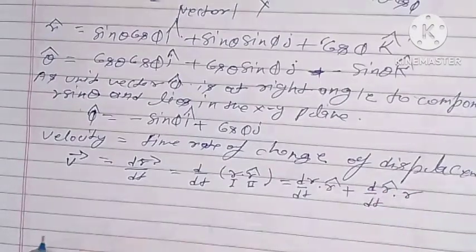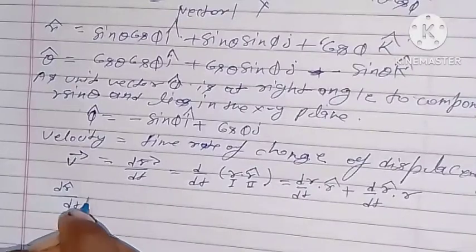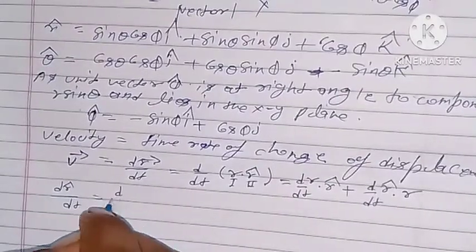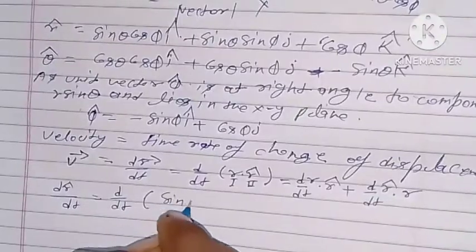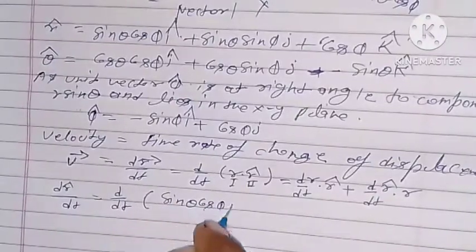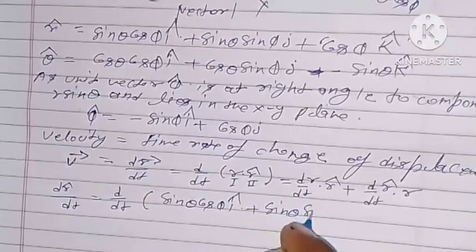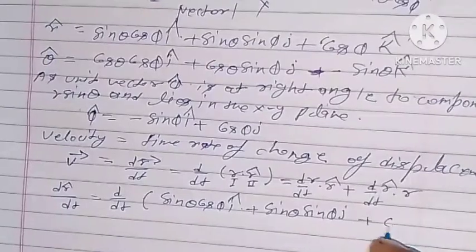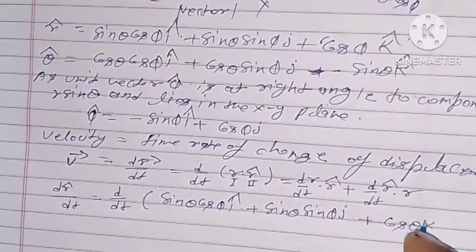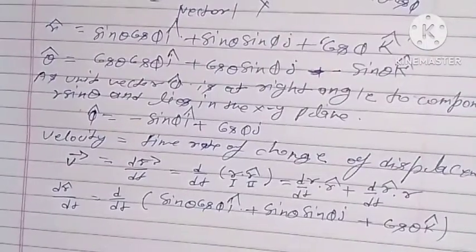Then d unit vector r upon dt equals d upon dt of the bracket sin theta cos phi i plus sin theta sin phi j plus cos theta unit vector k.